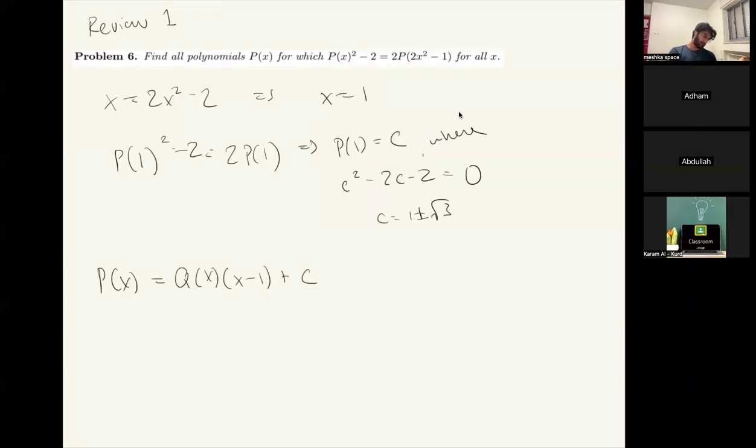Okay. So let's see what happens. We will have q of x squared, x minus 1 squared, plus c.